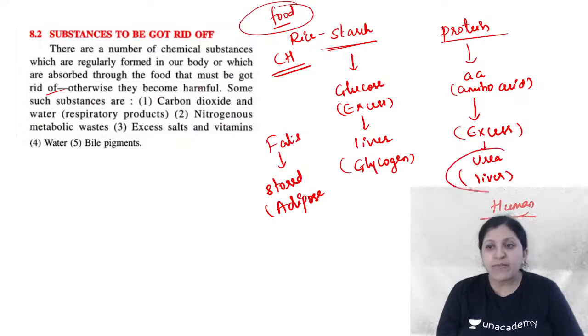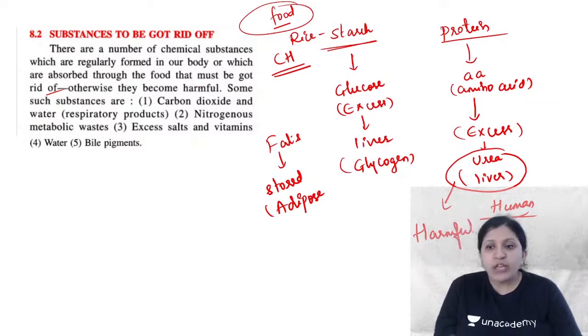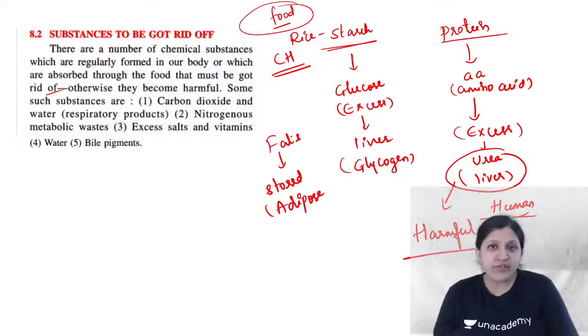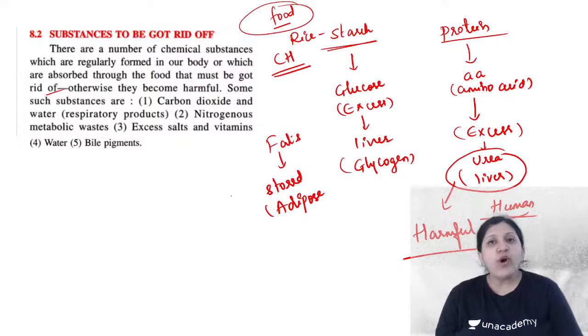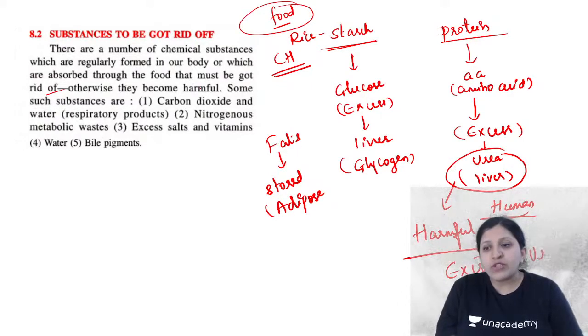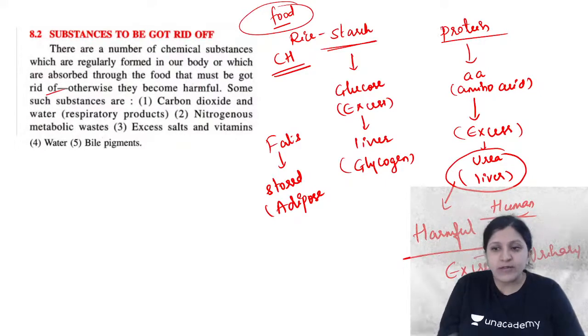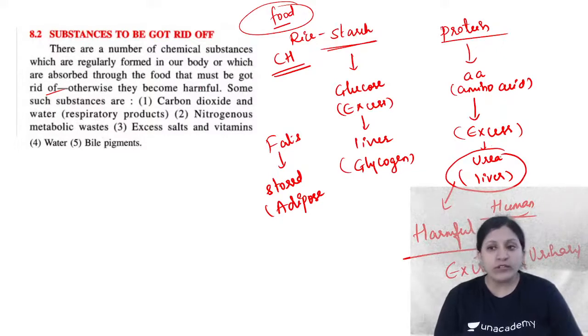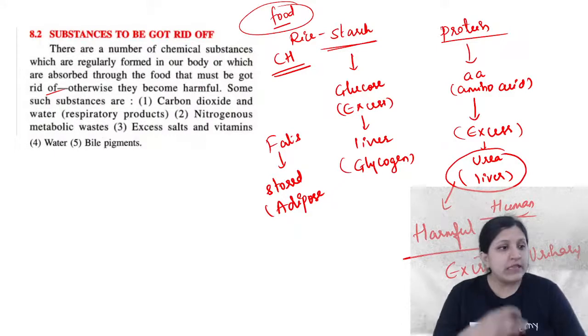If this urea remains in our body, it can be harmful. So we need to remove this harmful substance. For that there is a system which we call the excretory system, or we can also call it the urinary system, which helps us remove these unwanted, poisonous or toxic compounds in the tissues.